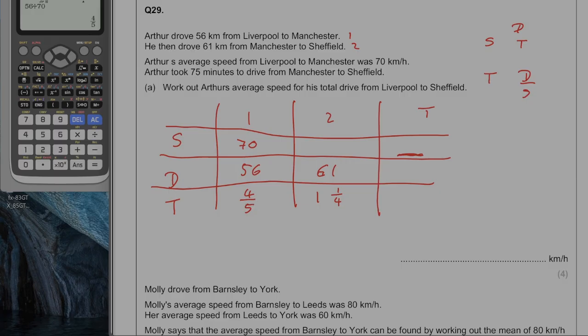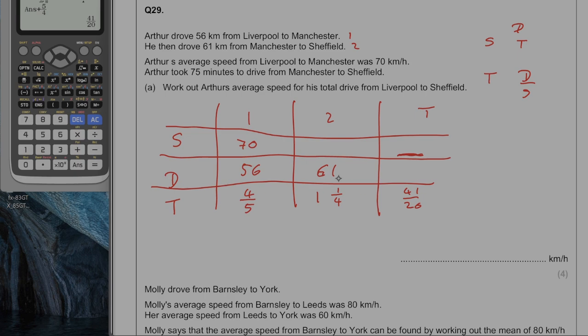I'm going to keep working in fractions here. So if I add that to 1 1/4, let's make it easier for myself and go 5/4. So that is 41/20. Again, we could convert that into minutes, but I'm going to leave it like that for now.